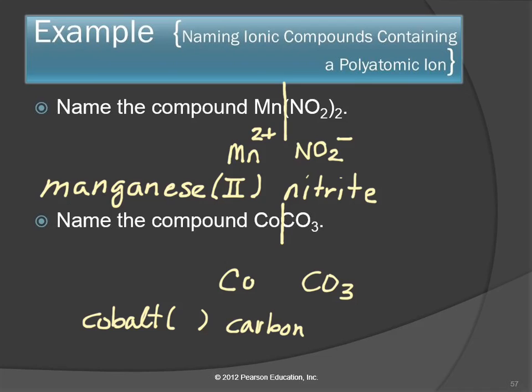You can look it up and check that. And carbonate has a 2- charge, because we looked it up in the table or we memorized it. Looking at this formula, we have 1 cobalt ion and 1 carbonate ion. The carbonate ion is -2, so the cobalt ion has to be +2.